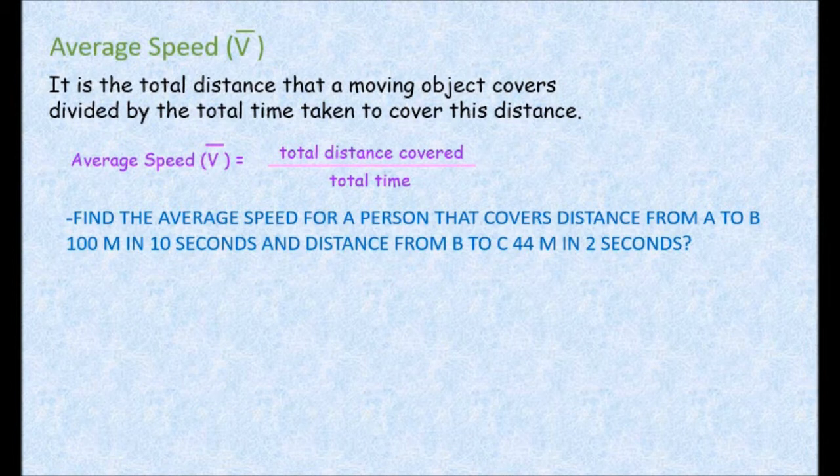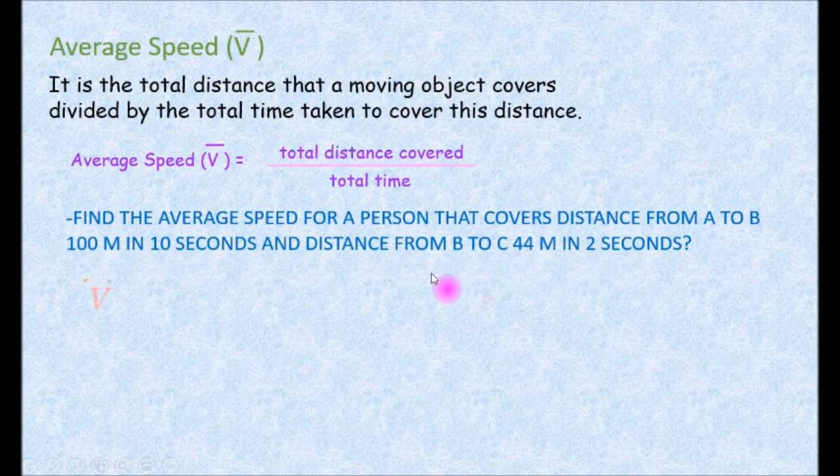It covers the 44 meters in 2 seconds. So we have an object that moves with irregular speed. So the distance from A to B is different from the distance from B to C. And here the time differs from that time.